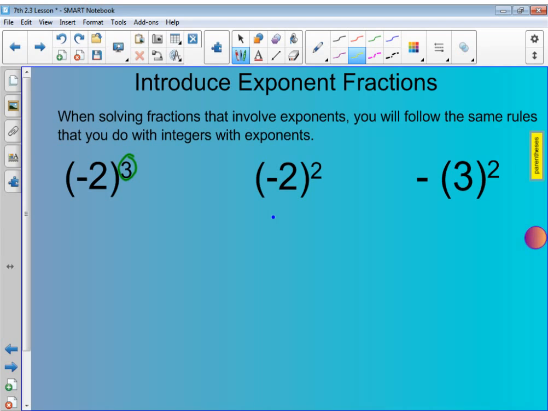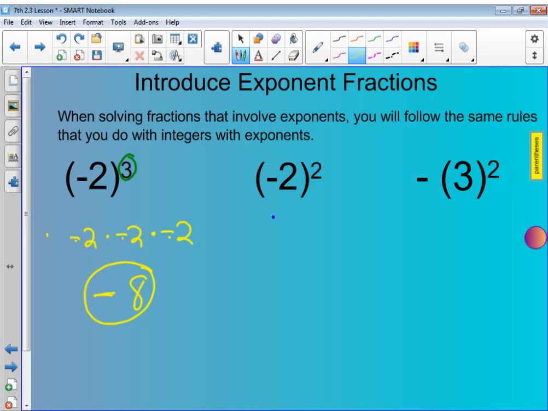Because really this written out would look like this, negative 2 times negative 2 times negative 2. And you'll notice that we had 1, 2, 3 negatives. So when it's included in there, then we get to use the exponent to say, okay, there's 3 negatives, that's an odd number, our answer is going to be a negative answer. And then we would just solve 2 to the 3rd power, which is 8. So here we would get negative 8.